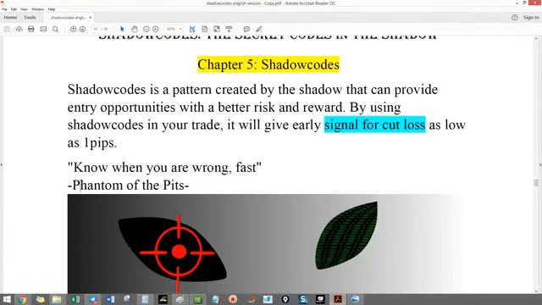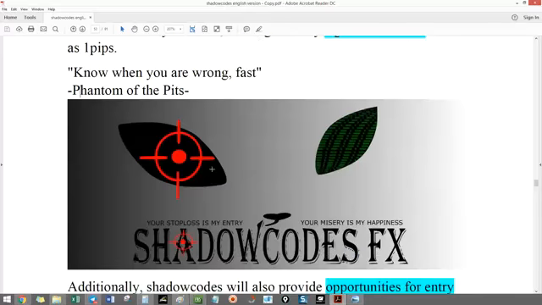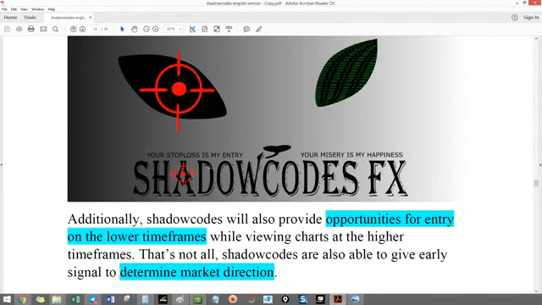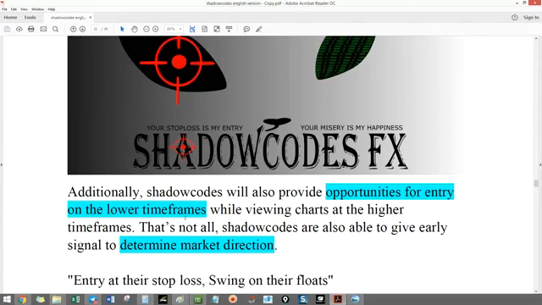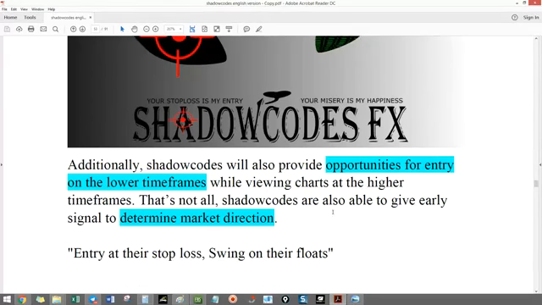Okay, let's go deeper. Additionally, shadow codes will also provide opportunity for entry on lower time frame while viewing charts at a higher time frame. That's not all. Shadow codes are also able to give an early signal to determine market direction. So we enter at their stop loss and swing on their floats.